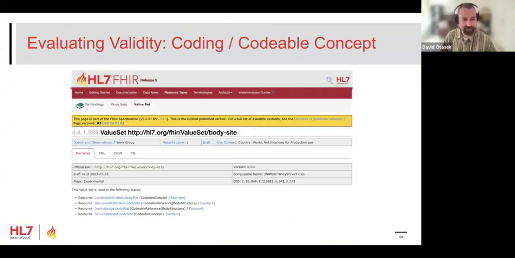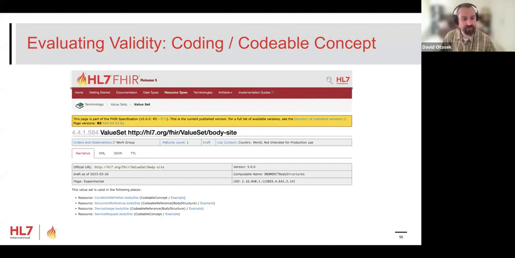In addition to code systems, FHIR also uses the concept of value sets to limit the codes that are valid in a particular context. For example, it doesn't make sense to use a code for Arabian coffee for a property representing an anatomical body site. To prevent this, the body site value set exists.